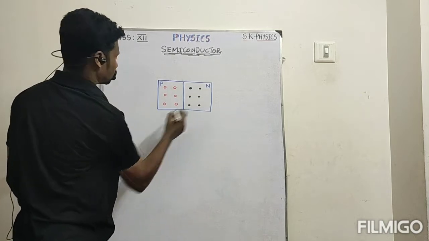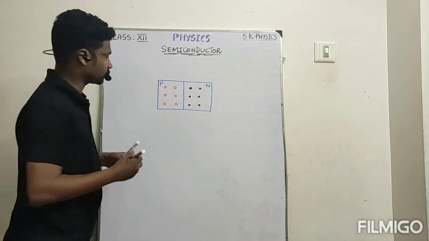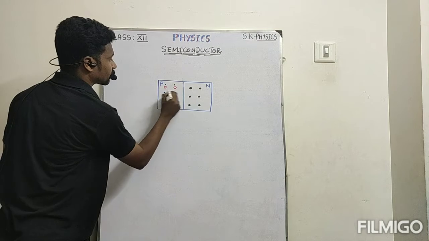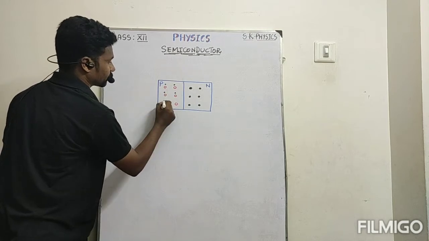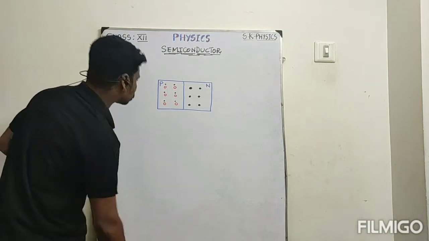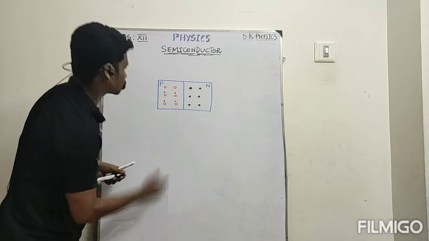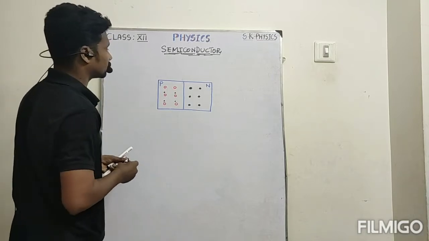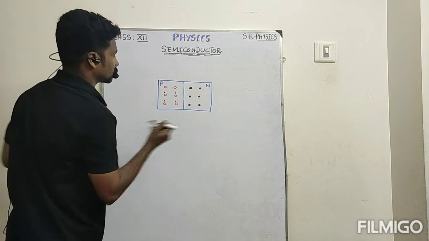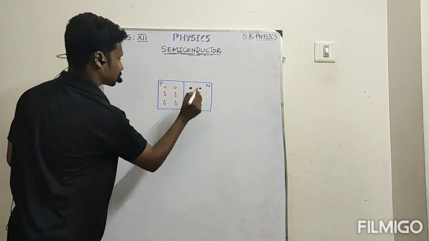Then in the P type side the minority charge carrier is electrons. For our convenience I can draw only a few. Here in the N side the minority charge carrier is holes.